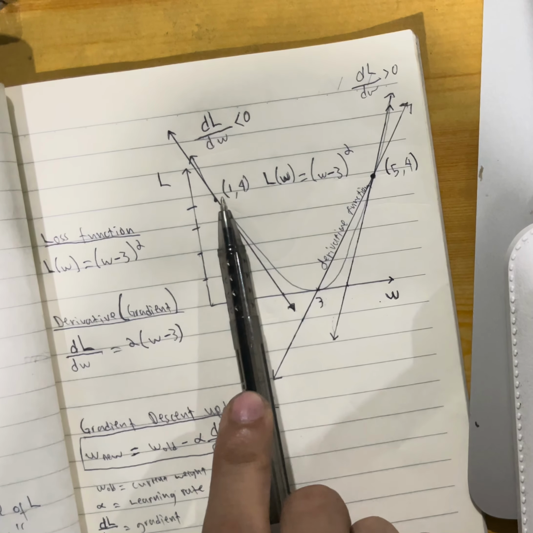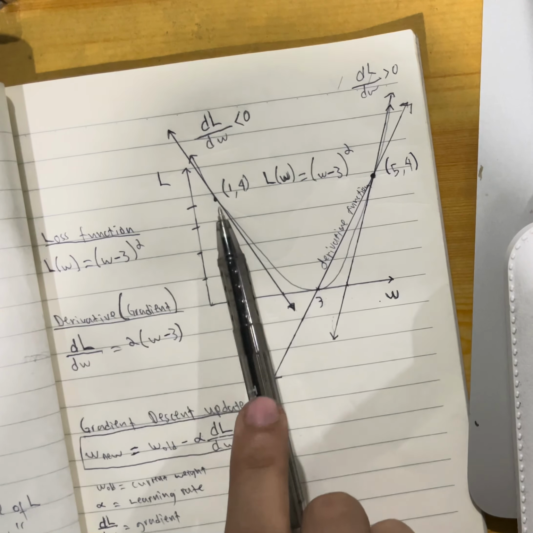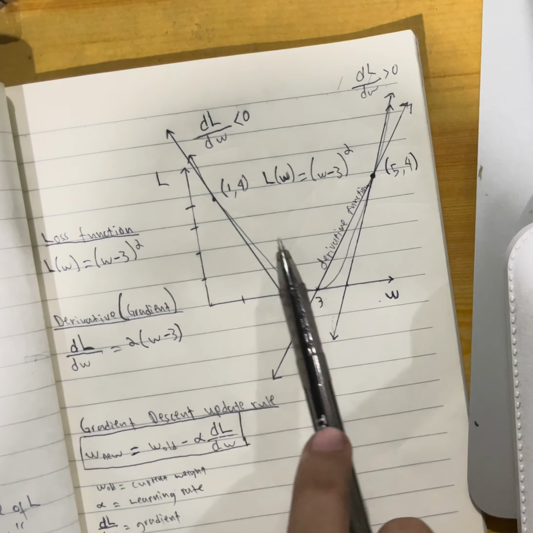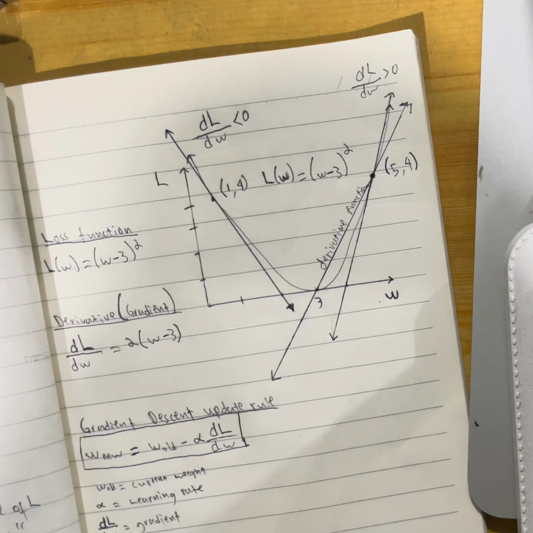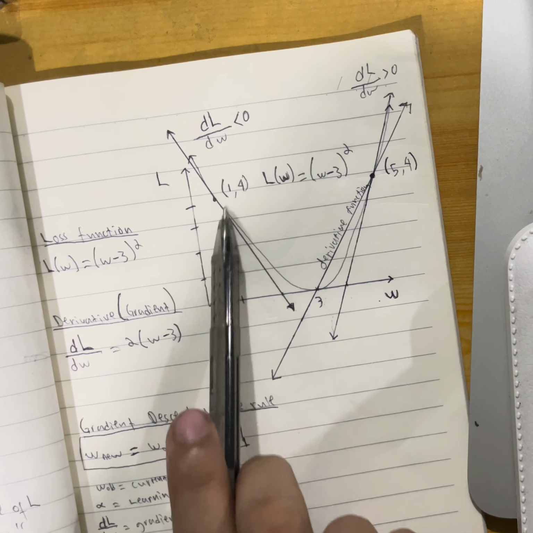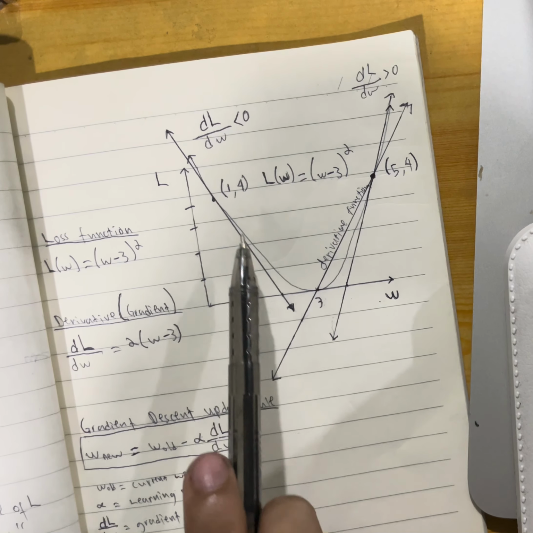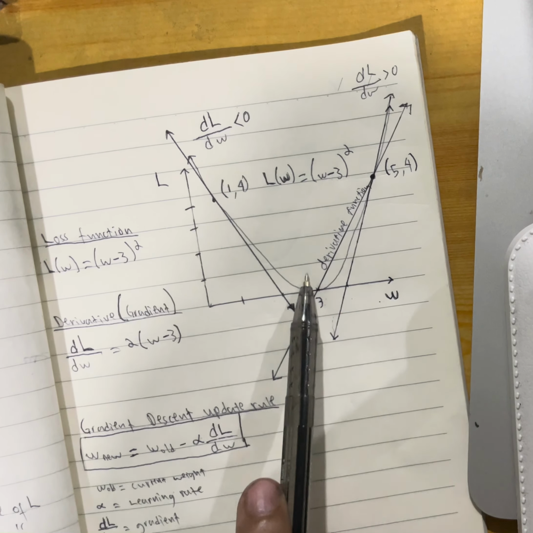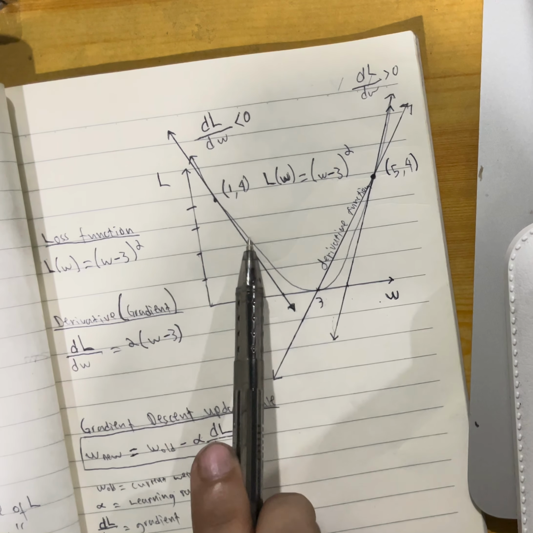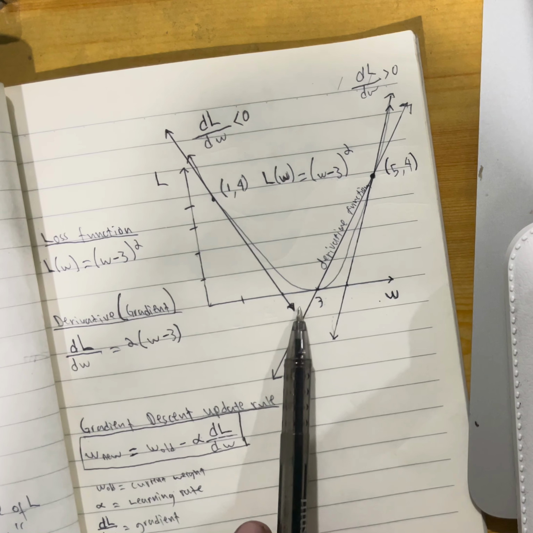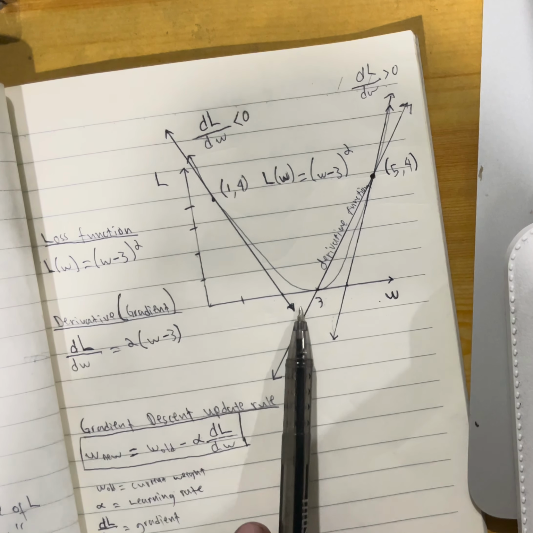It will not move in big steps. It will move gradually each epoch in the neural network. Gradually, so not too low, not too high, gradually moving here until we reach here. Those processes will repeat in the neural network.